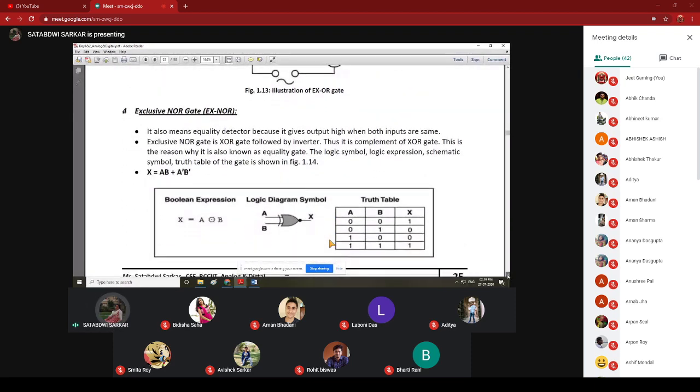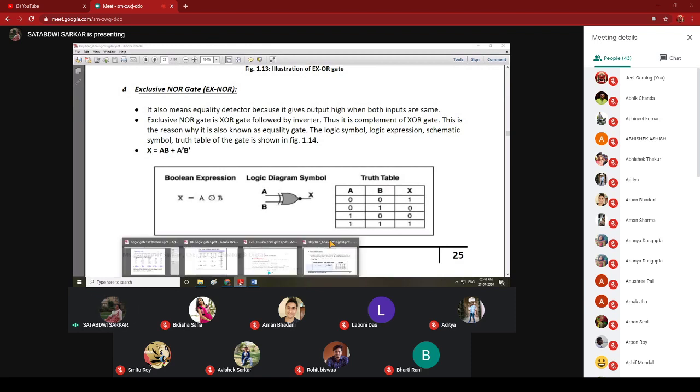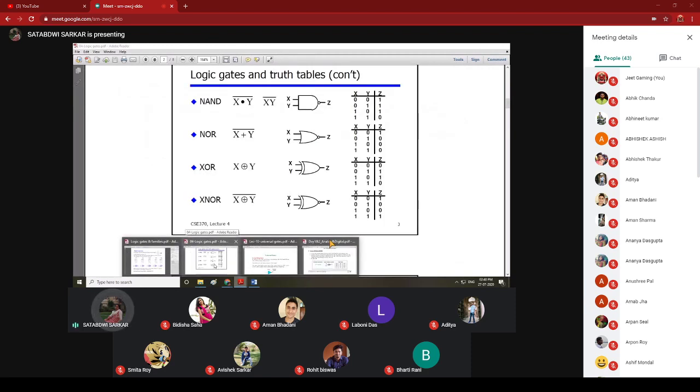Now this is the XNOR. So you all know that the NOR gate is the complemented output of the OR gate. So, in the OR gate, let me show you again. This is the NOR gate, and if the output of the OR gate was X plus Y, then we get as output from the NOR gate X plus Y complement.